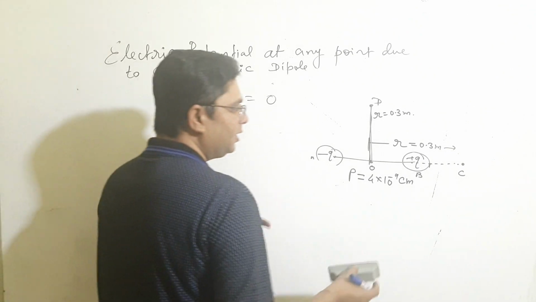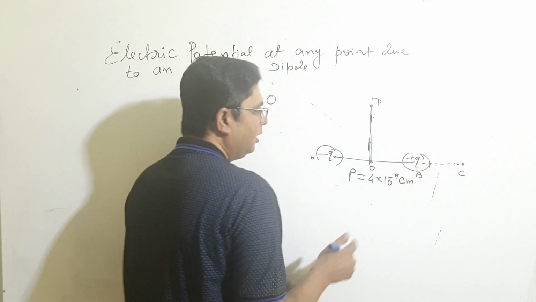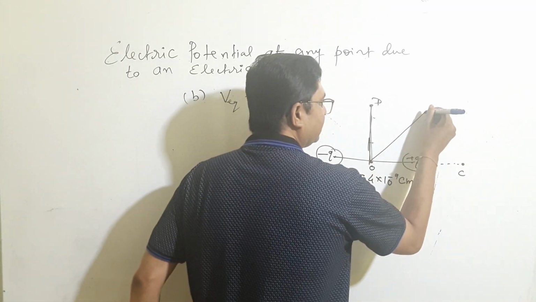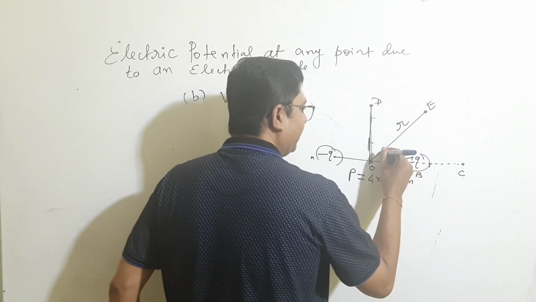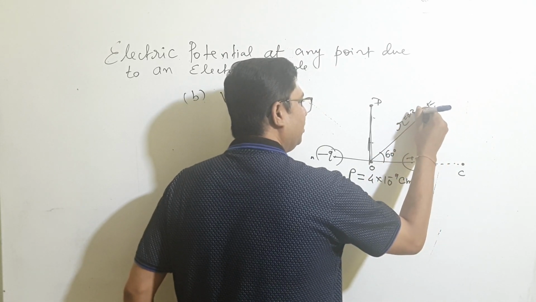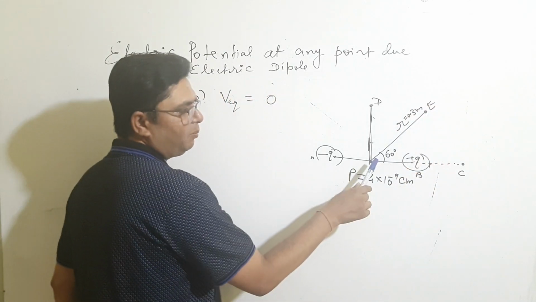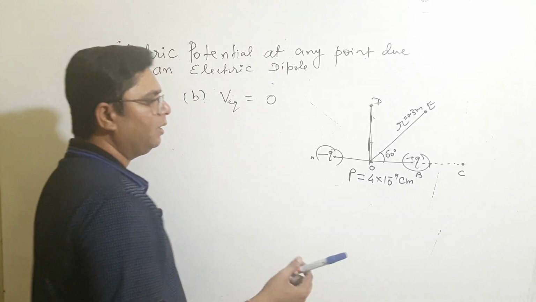Now I am giving another situation. Suppose we take a line like this. This is R, this point is E and this angle is 60 degree. This is again 0.3 meter. Then what will be the electric potential at 60 degree angle with the dipole?